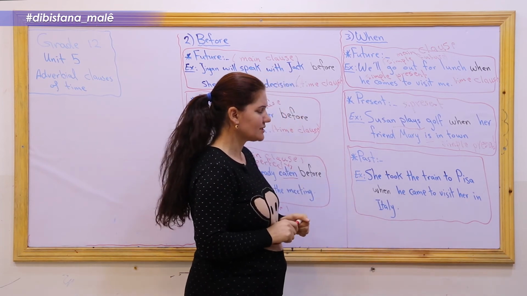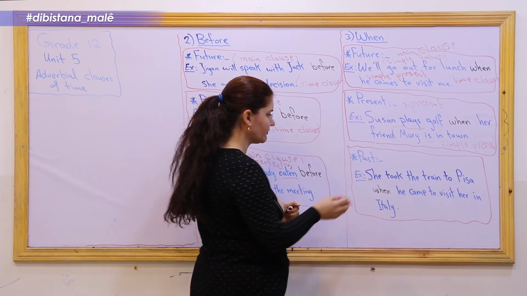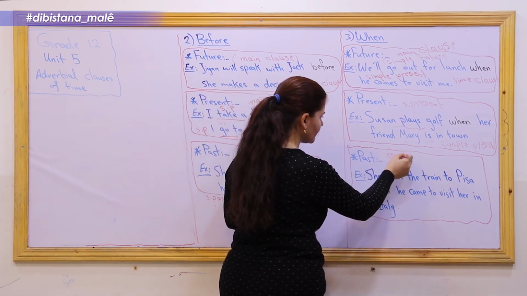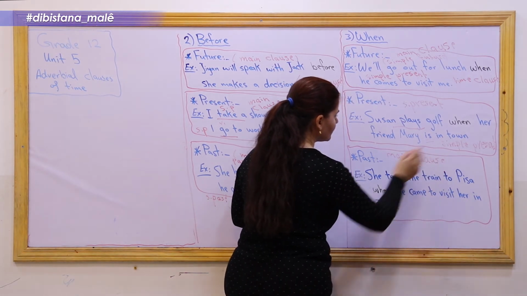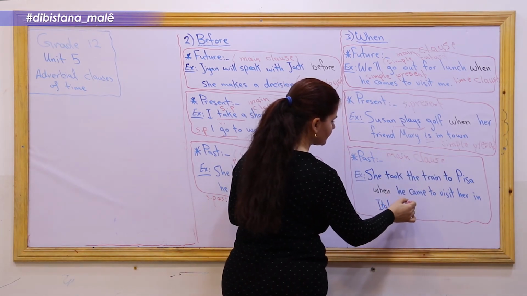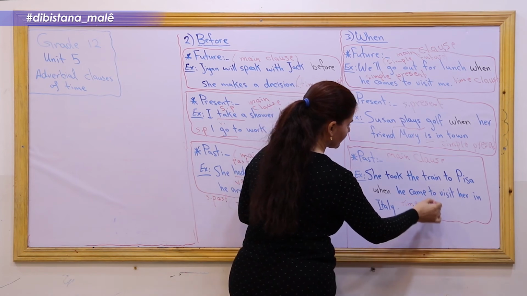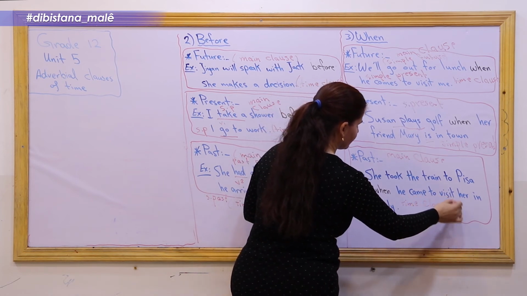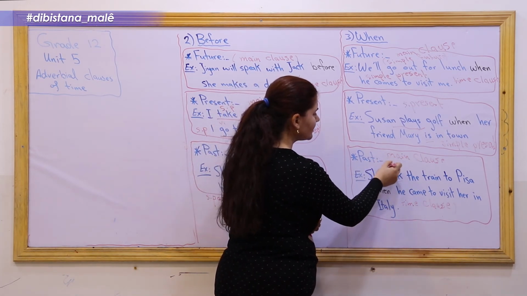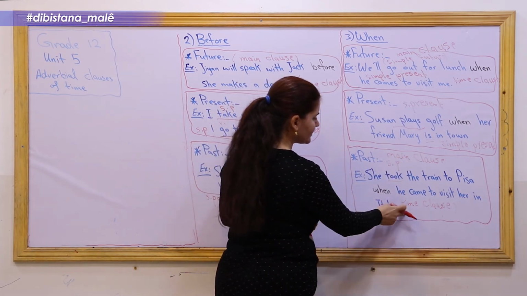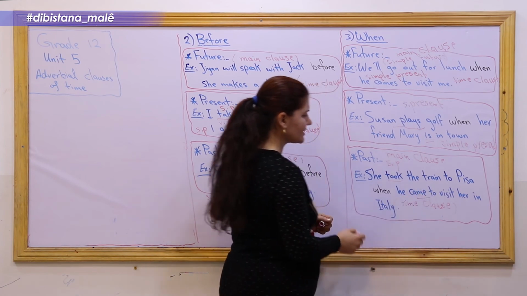What about the tenses of the two clauses? Here we have the main clause and the time clause. We have the main clause in the simple past and the time clause again in the simple past.